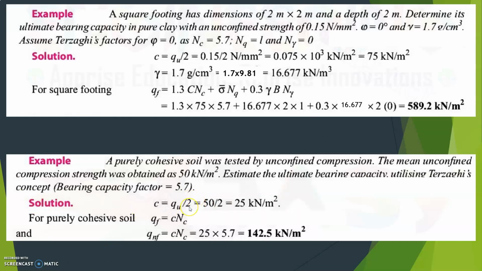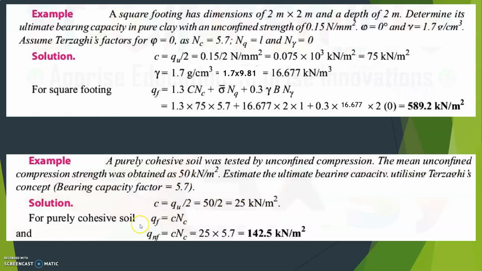Now when you substitute in this equation, what I told in the previous problem, when there is an unconfined compression test, QU has to be divided by 2 to get the value of cohesion. So cohesion is equal to QU divided by 2, that is 50 divided by 2 is equal to 25 kilonewton per meter square.